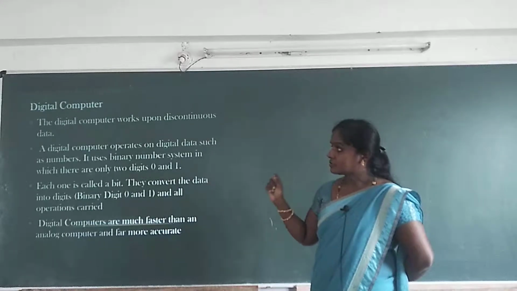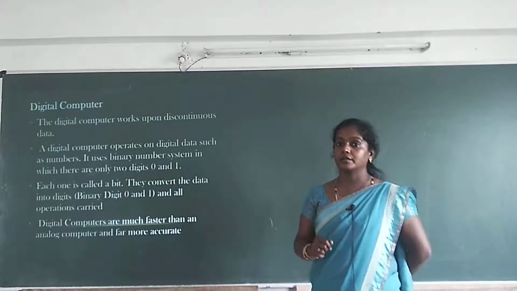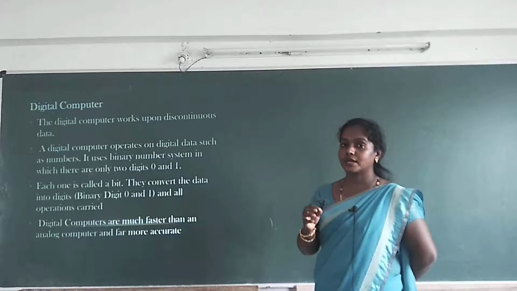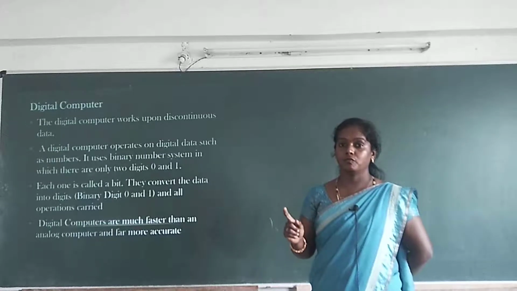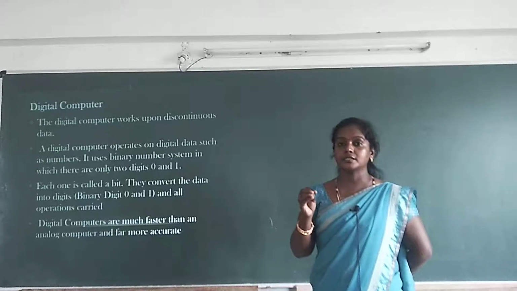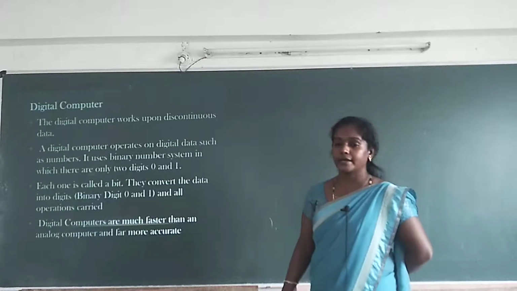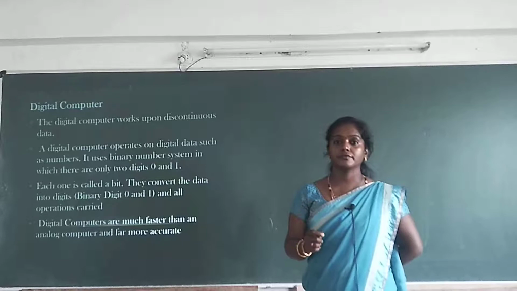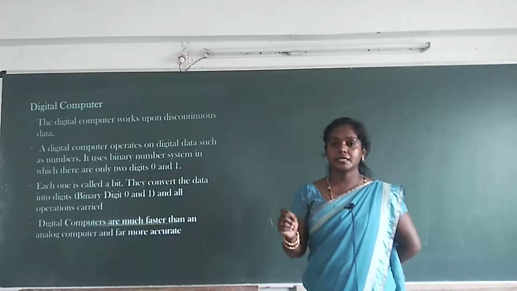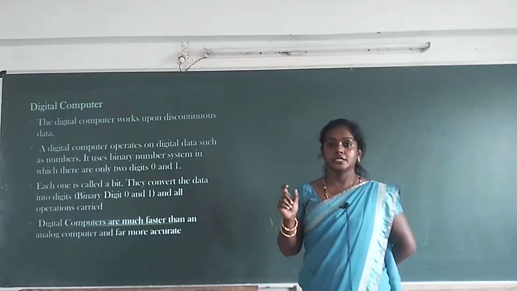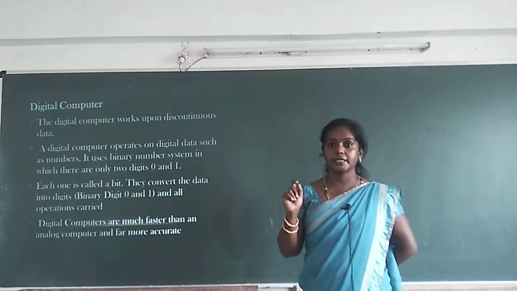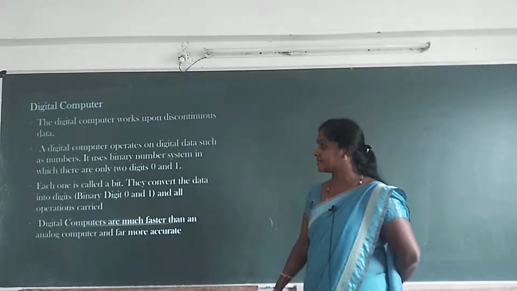Each one is called a bit, and these 0 and 1 we call a bit. Bit means a binary digit. In short form, a binary digit we call a bit.